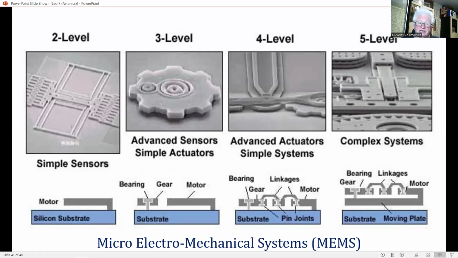And very importantly, they can be of relatively low cost. This fabrication technology has been given the acronym MEMS, micro electromechanical systems, in the US, and these sensors are MEMS sensors.